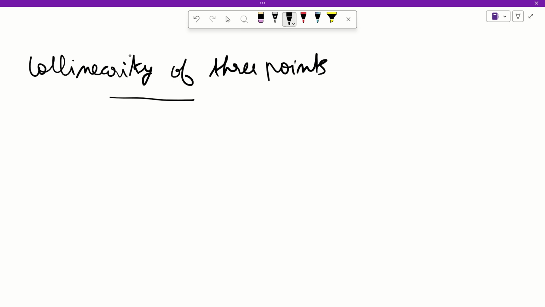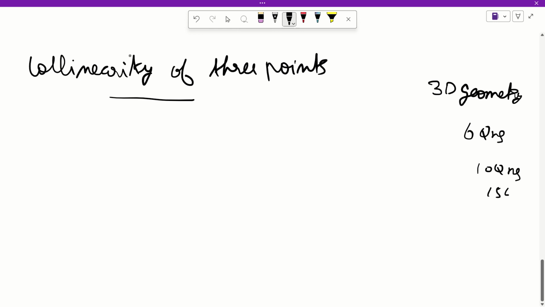You will learn further about collinearity in everyone's favorite chapter, which is called 3D geometry. In AITC many exams I'm seeing 6 questions, for JEE 10 questions, JEE Advanced 15 questions can also come, KEAM exam 5 questions, NDA exam 5 questions. See, that much important is this 3D geometry.